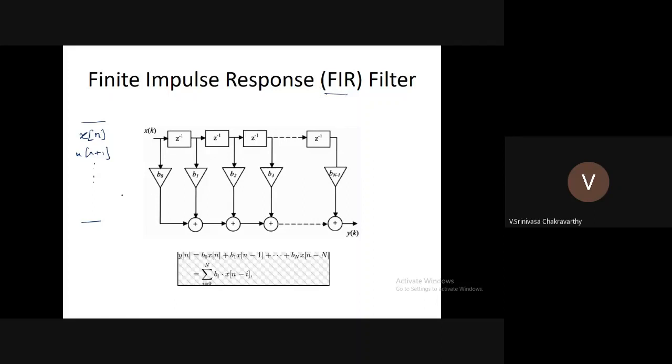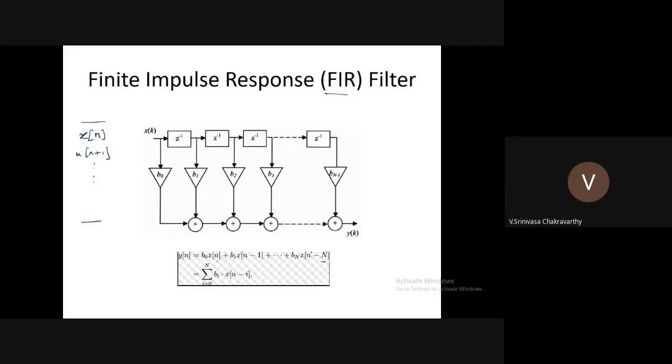If I have a signal going from, ideally, minus infinity to some time t, I take a chunk of that signal going from xn to xn minus capital N. So you're taking capital N samples of the signal and multiplying them with a bunch of coefficients, b0, b1 up to bn, and this summation gives you the output.